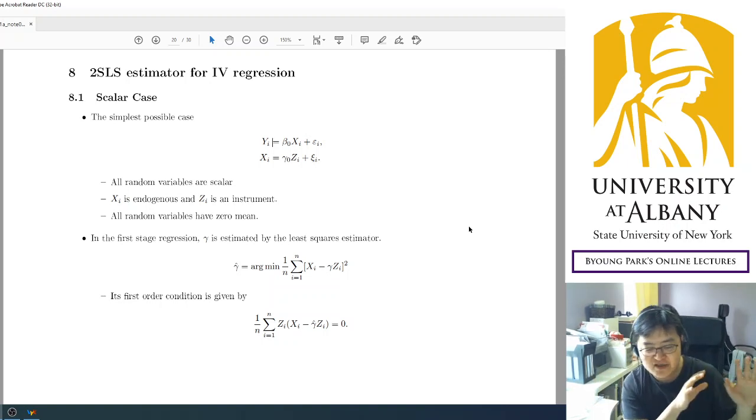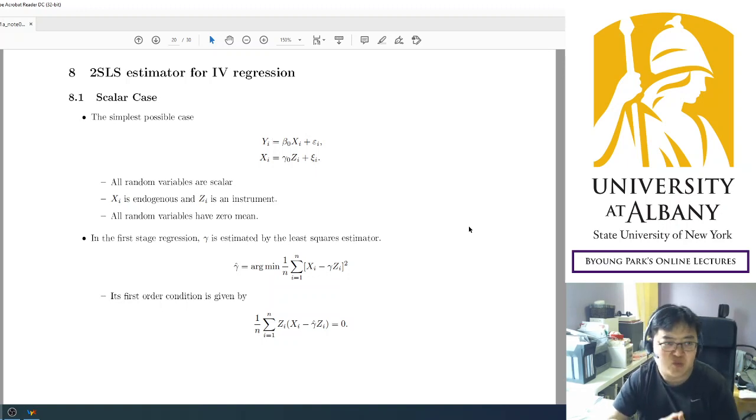So we learned the IV regression model earlier in chapter 2, and in the previous video we learned the general asymptotic derivation for any kind of two-stage estimator. Now we are applying the two-stage estimator to the IV regression model, and we already learned the fitted value approach. That is basically the two-stage approach.